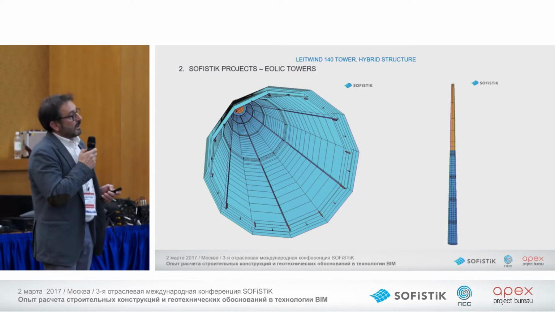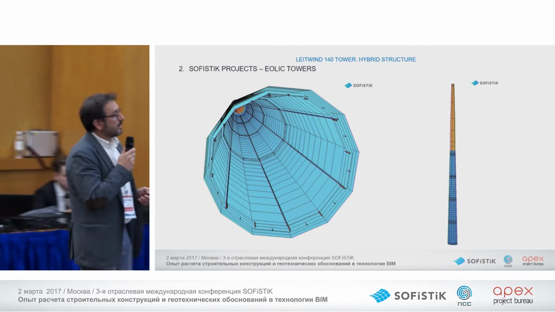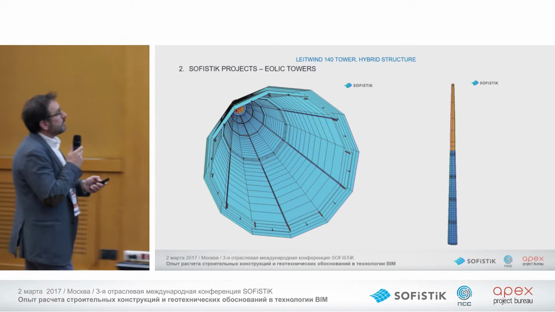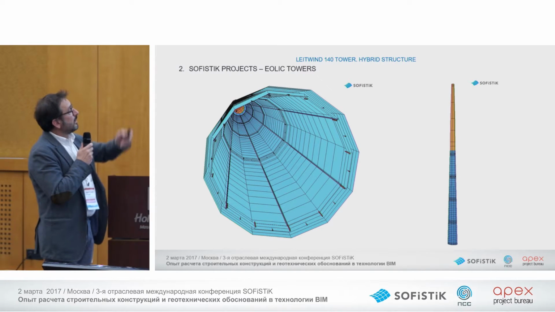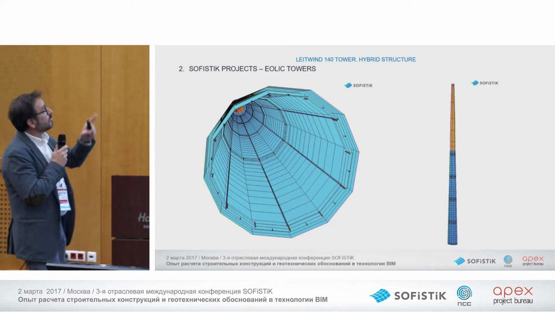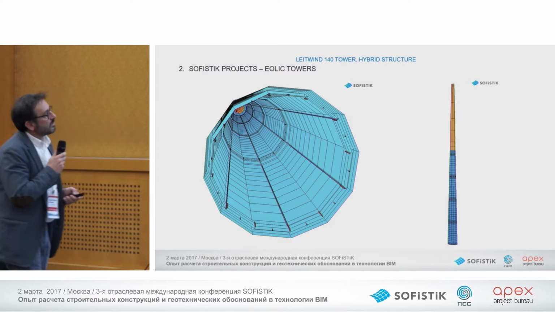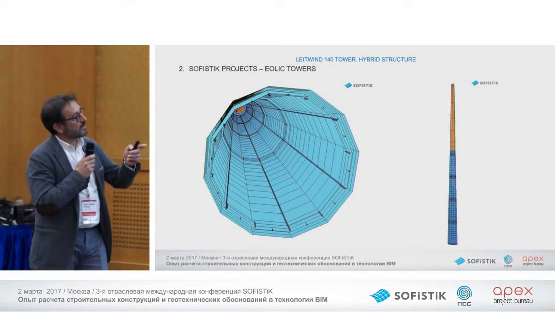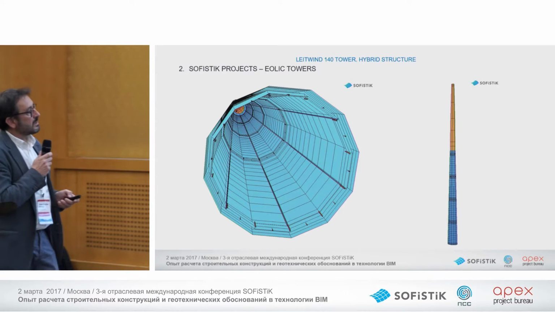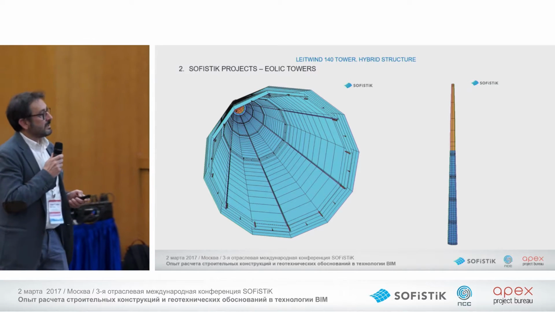This is an example of an aeolic tower. We have made a lot of aeolic towers with conical shape. It's conical, it's not polygonal. It's conical shape with external post-tension. And finally, 120 meters high, you can see on the right side of the slide.